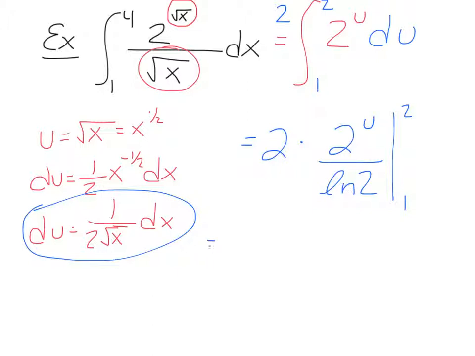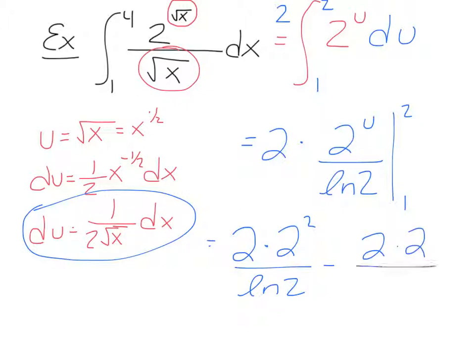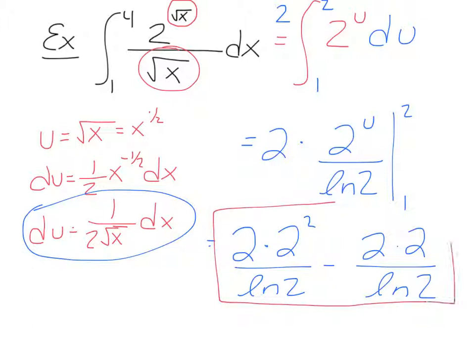So my final answer, I plug in my upper bound, I get 2 times 2 squared over the natural log of 2 minus 2 times 2 to the first power over the natural log of 2. You can simplify this further if you wish, but that is going to be our final value of this definite integral.